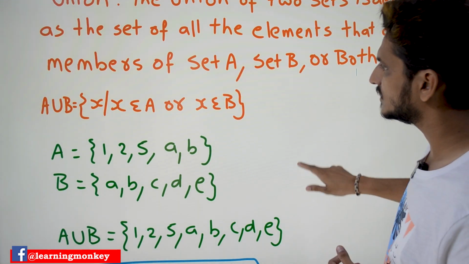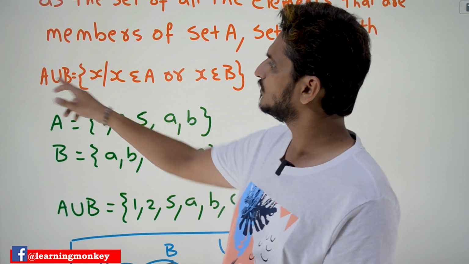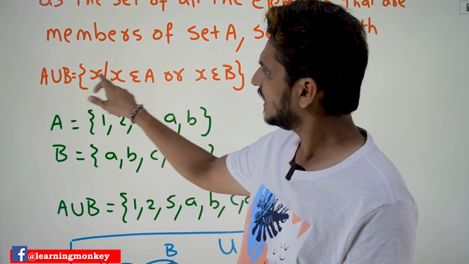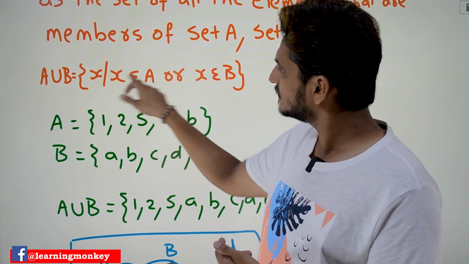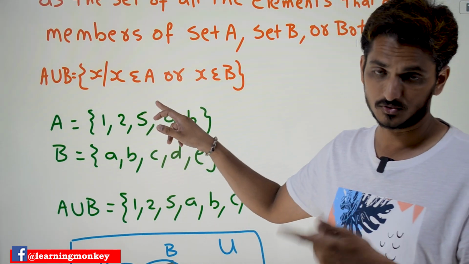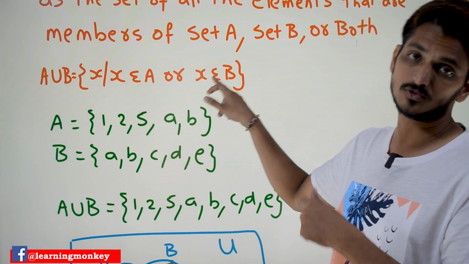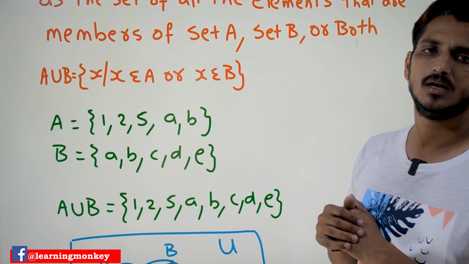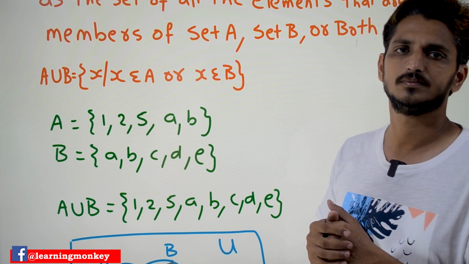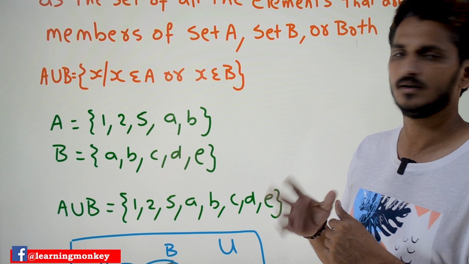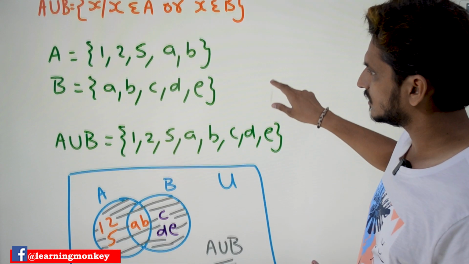Let's take an example. This is how we write it in another form. A union B is given as {x : x belongs to A or x belongs to B}. It can belong to both also. Any one of them can happen. Let's take an example.